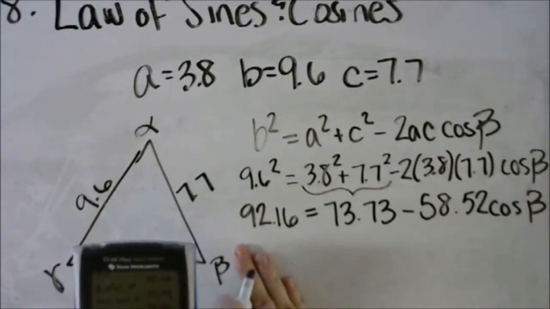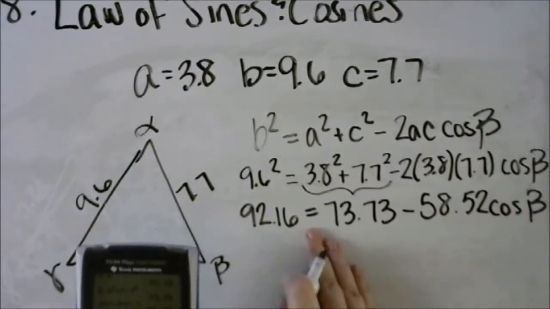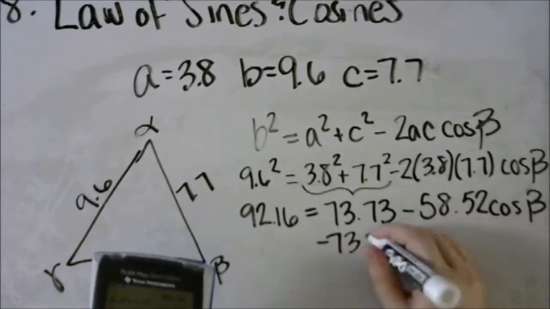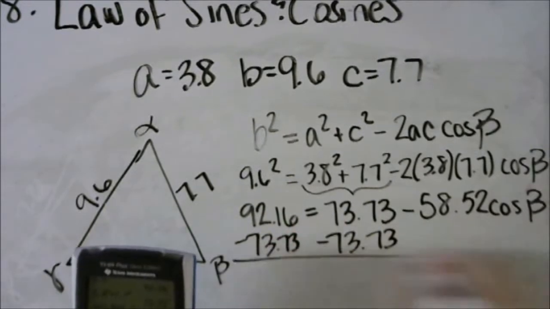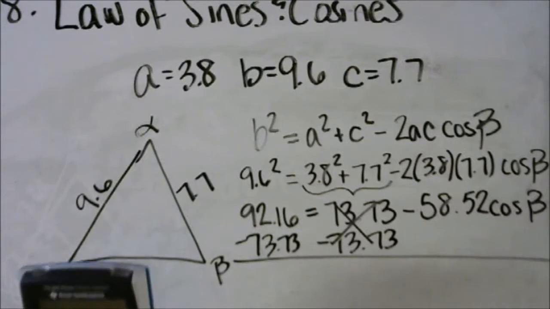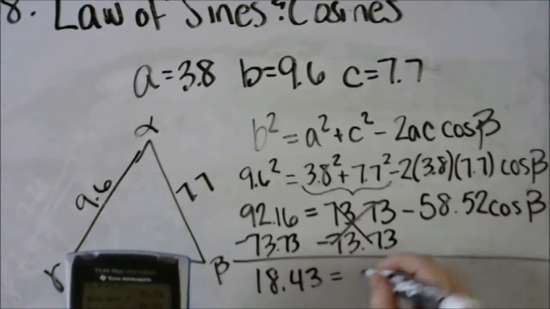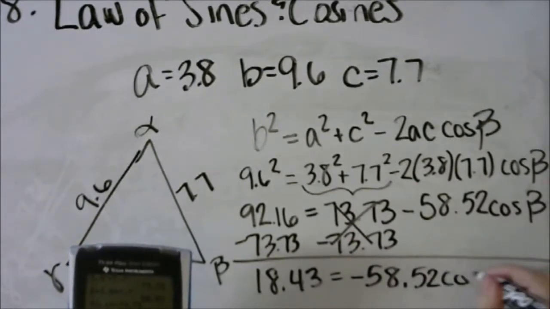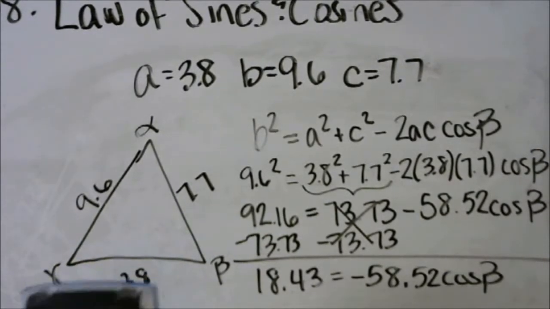This is now a linear form equation, like y equals mx plus b, so we can solve this using two steps. Subtract 73.73 from both sides. You get 18.43 is equal to negative 58.52 cosine beta. Divide by negative 58.52.